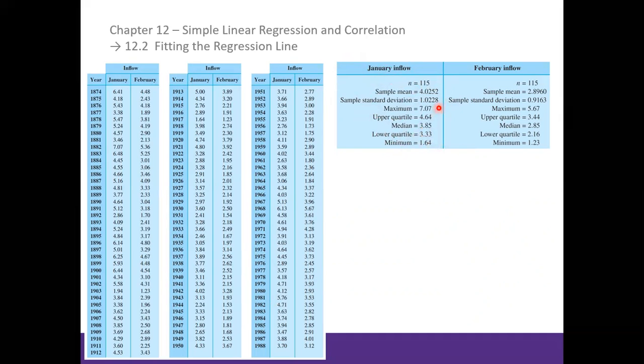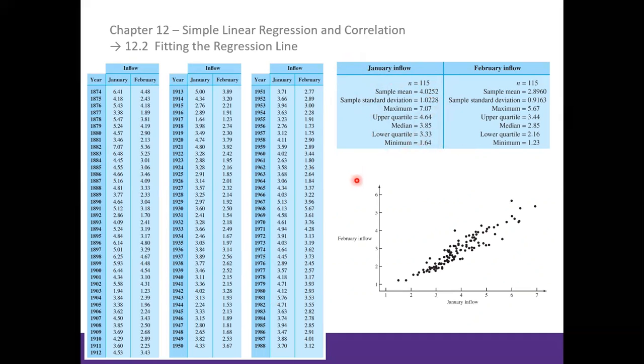And then we should first plot the data. The January data is the explanatory data, so that's the fixed value, X. And the Y is something to predict, the response variable. If we plot X and Y, you can see that there are some nice linear features.